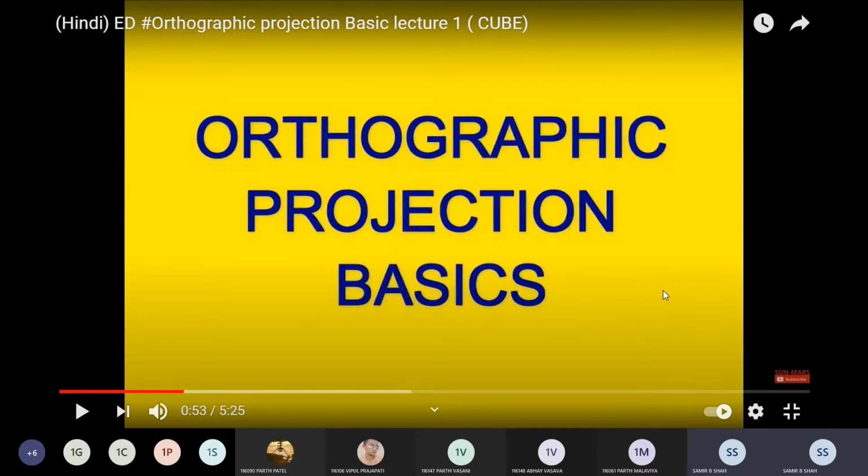Sometimes it may be asked in your exam why second and fourth quadrant are not used. You just see the quadrant diagram, where it is very clear that second and fourth quadrant are not used due to the rotation of the HP clockwise. Whenever we rotate the second or fourth quadrant in the clockwise direction, if the object is considered in either the second quadrant or fourth quadrant, what will happen?